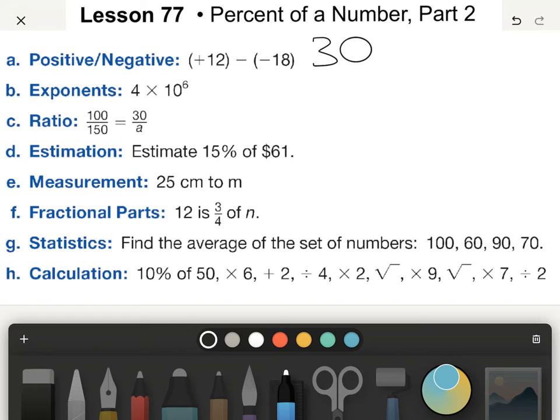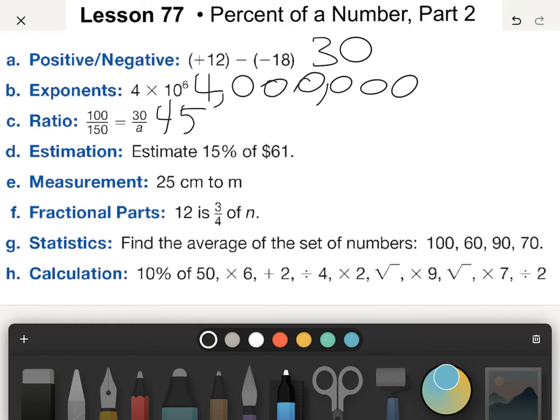For our exponents, I just need to add 6 zeros: 1, 2, 3, 4, 5, 6. 4 million, then that's really just 2/3. Half of 30 is 15, times 3, so A equals 45.